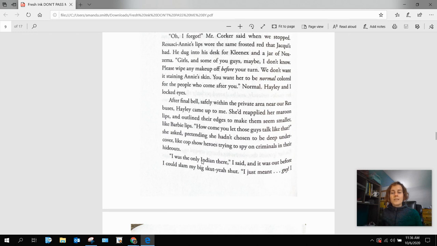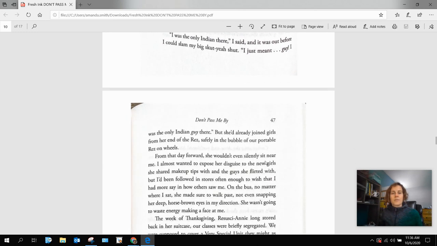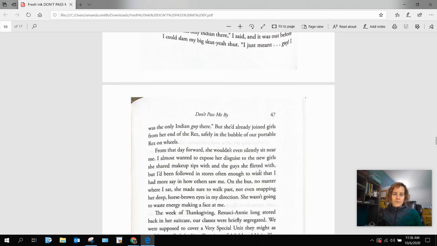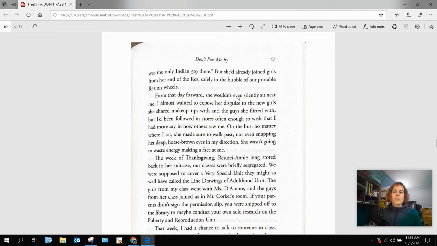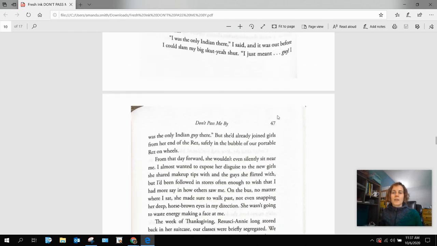"I was the only Indian there," I said, and it was out before I could slam my big mouth shut. I meant guy. I was the only Indian guy there, but she had already joined girls from her end of the res, safely bubbled in the safety bubble of our portable res on wheels. From that day forward, she wouldn't even silently sit near me.